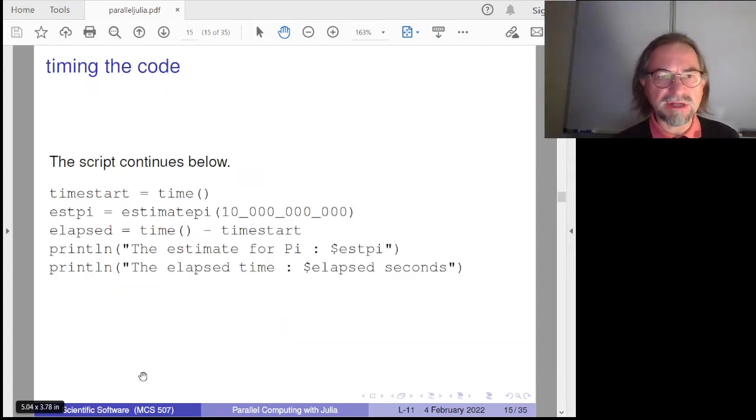So this is a long explanation to set up the computational experiment. So we estimate pi. It's a very bad way to estimate pi, by the way, but we do have a computationally intensive computation. So we do 10 billion function evaluations here, or 10 billion random trials.